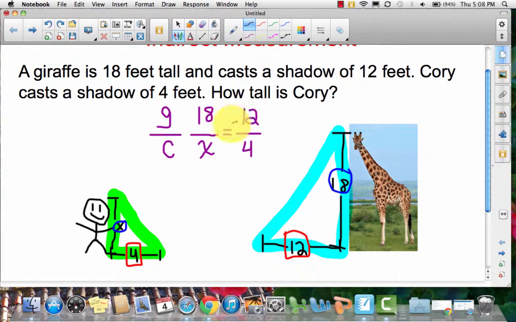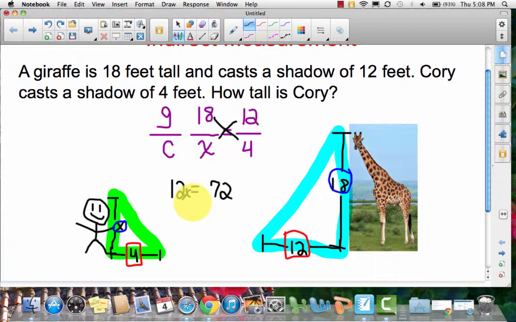So if I cross multiply this way, I get 12x. I'm going to bring down that equal sign. And then I'm going to cross multiply the other way, and 18 times 4 is 72. And now that I've created my one-step equation, I know that I need to isolate x.